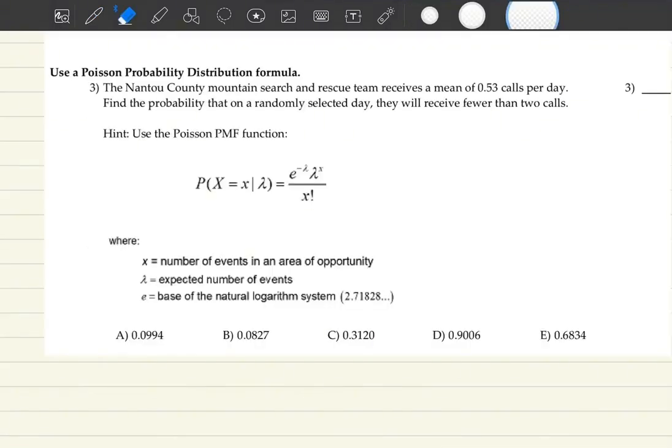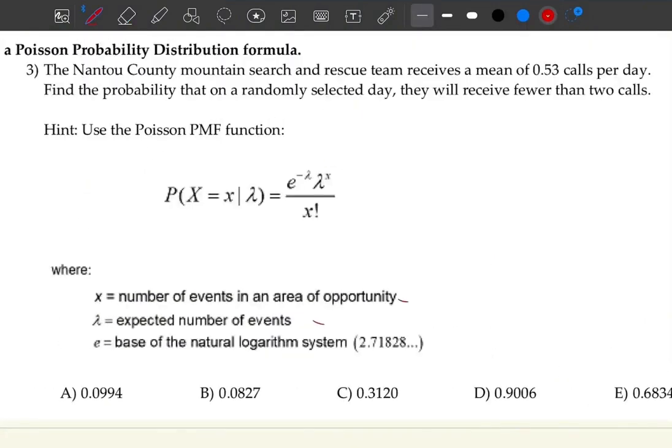The Nantou County Mountain Search and Rescue Team receives a mean of 0.53 calls per day. Find a probability that on a randomly selected day, they will receive fewer than 2 calls. So, X is a number of events in an area of opportunity.